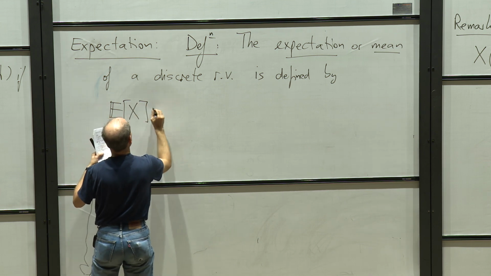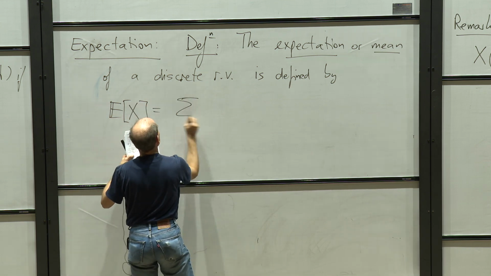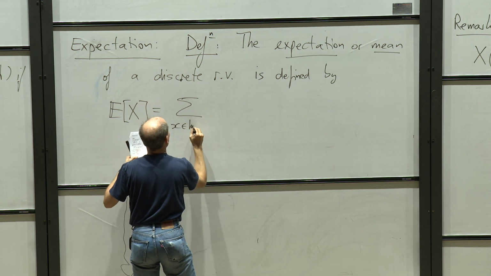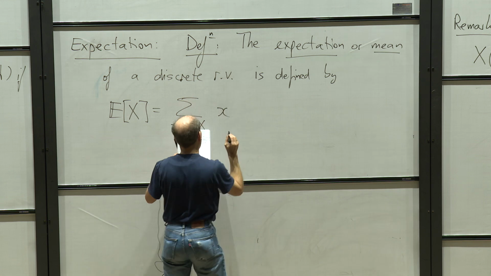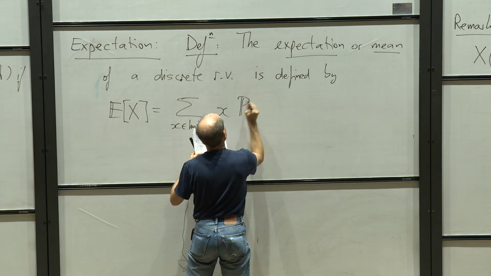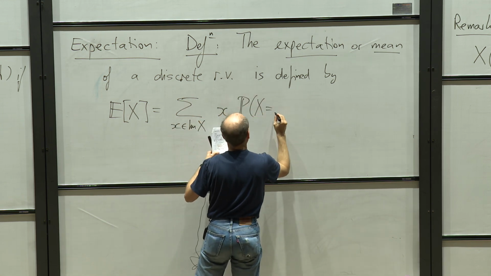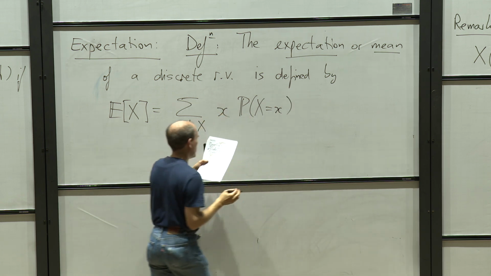So expectation of x is a sum over all possible values in the image of x, and then we are summing the little x's, each multiplied into the probability that x is equal to little x.